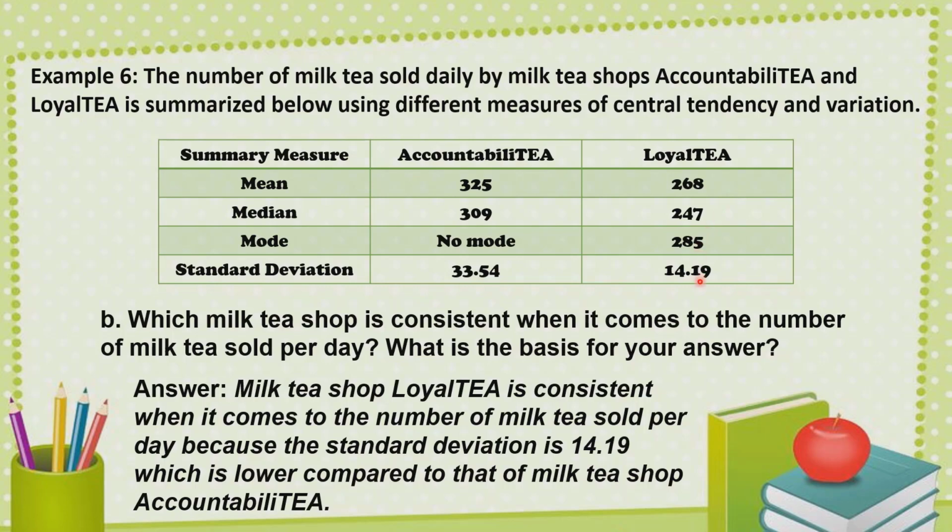We can see that here. Loyalty has a 14.19 standard deviation, which is lower than Accountability, which has 33.54.